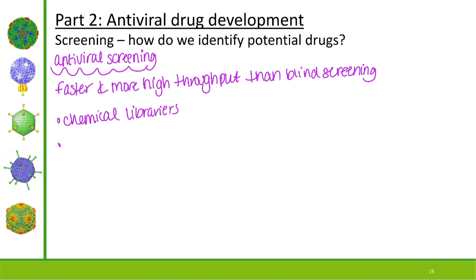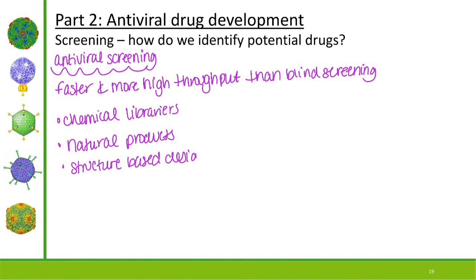We can use natural products. We can do things like structure-based design. And oftentimes the structure-based design is going to be done with computational approaches as well. And you can screen up to 10,000 compounds a day.